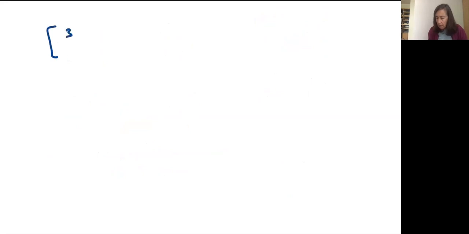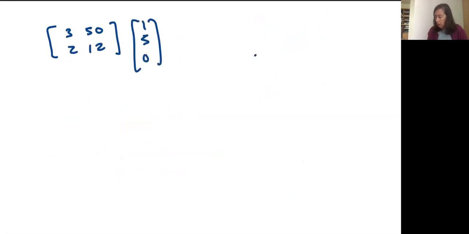Same thing, 350, 212 times 150. Let's see if I can redeem myself and write the dimensions correctly this time. The lead matrix has 2 rows times 3 columns, and the lag has 3 rows times 1 column.